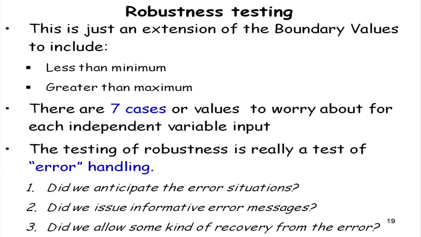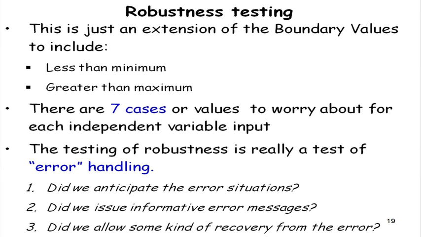If we have to consider the negative test cases also, we call it robustness testing. So, these are values outside the equivalence classes, and in this case we need 7 test cases for each variable. And in robustness testing, we check, given a value which is not really a valid value, an invalid value, does the programmer handle it?